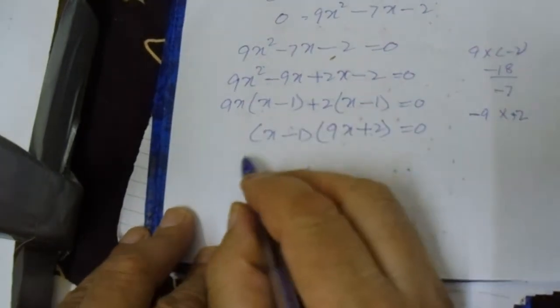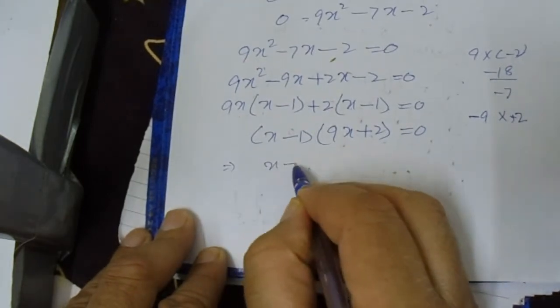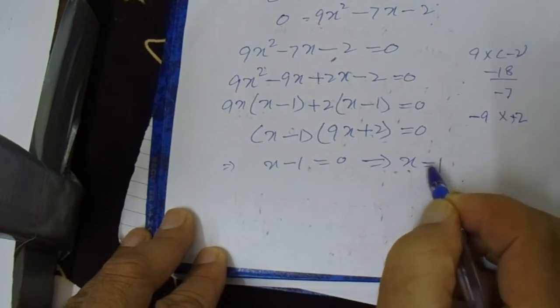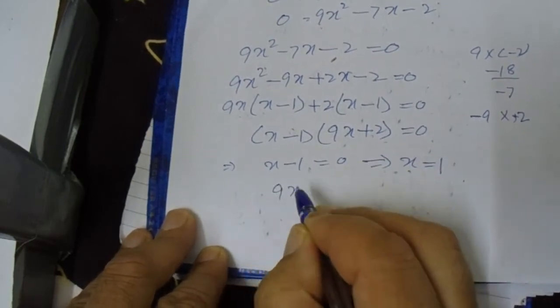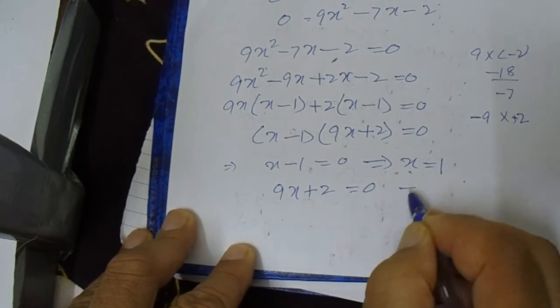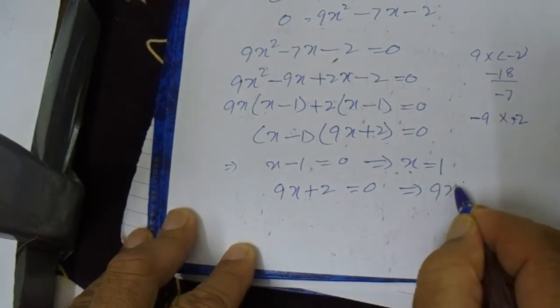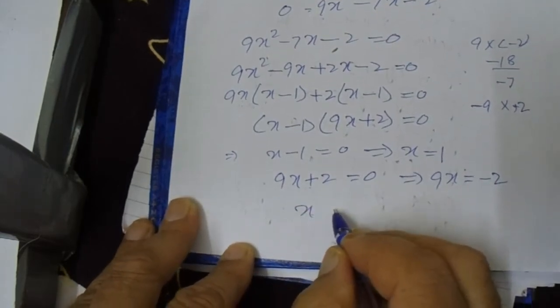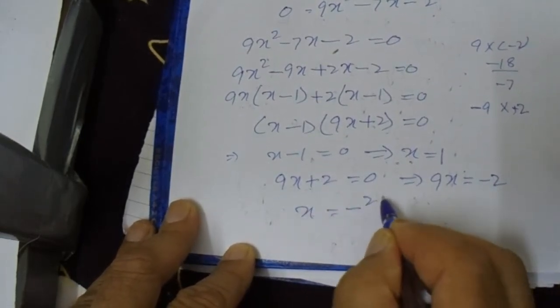Either x minus 1 is equal to 0 and now x is equal to 1. Now 9x plus 2 is equal to 0, or here 9x is equal to minus 2 and x is equal to minus 2 over 9.